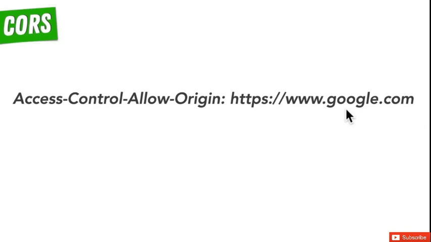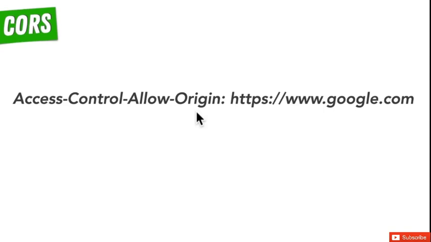So say we wanted to allow that request from Google to get the data for wikipedia.org, the same request that failed for us earlier. Well, to allow that, Wikipedia would need to set a header that includes google.com in the list of allowed origins, and then send that header back when we make that request from JavaScript.